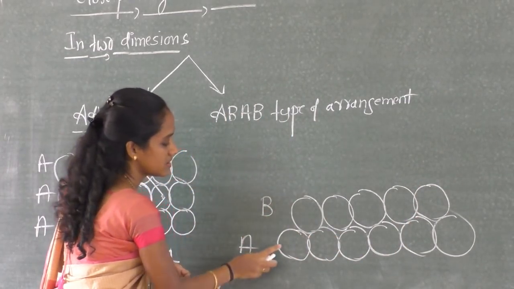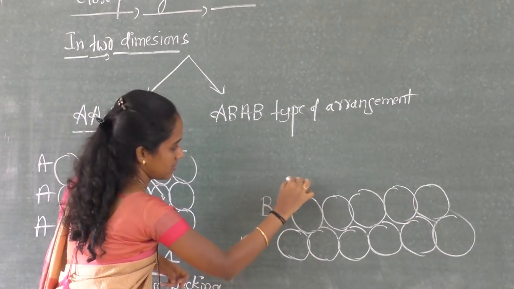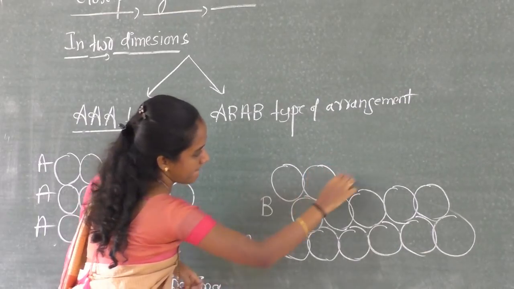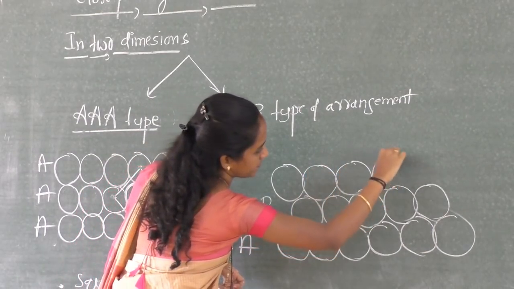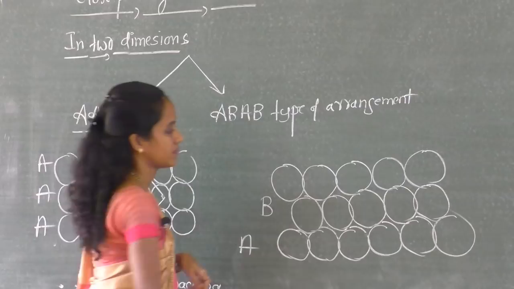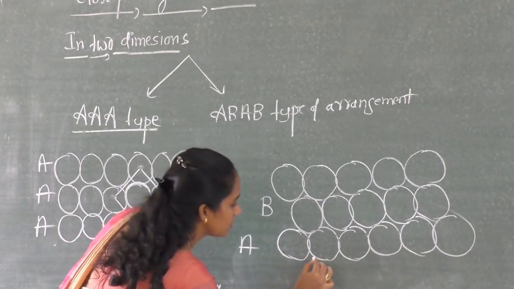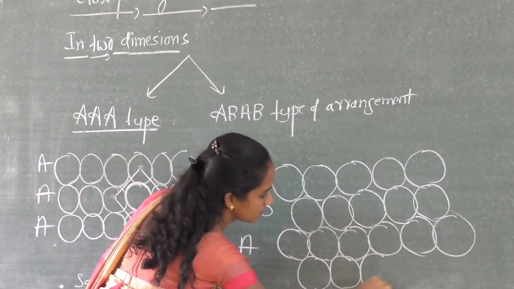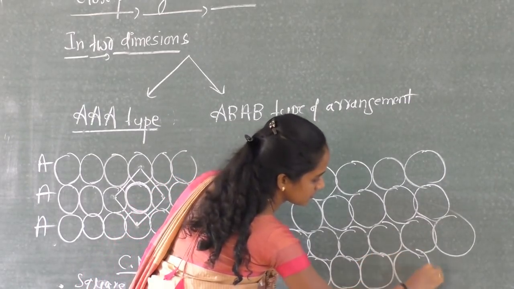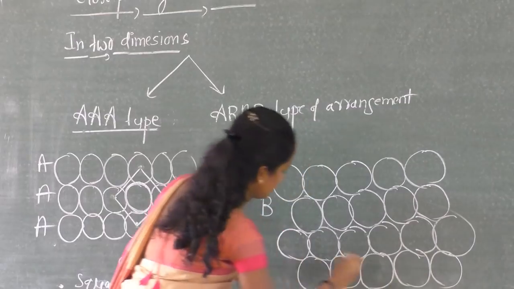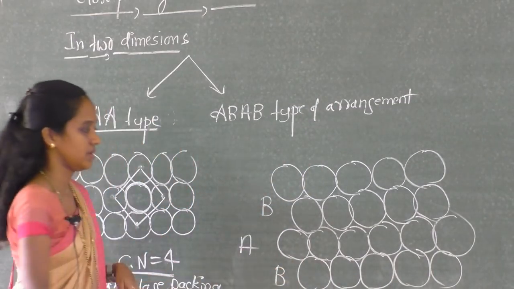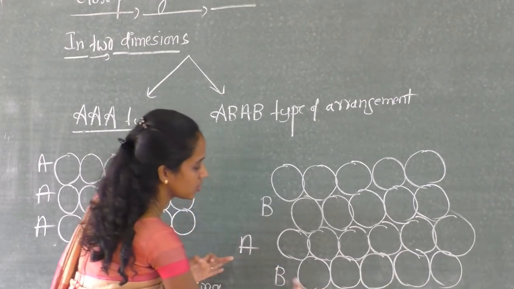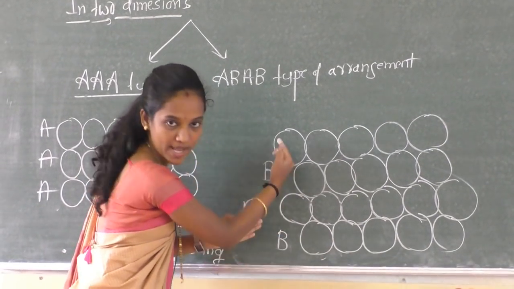The third layer is similar to A. So in this type of arrangement in 2 dimensions, there are 2 directions, x and y axis.